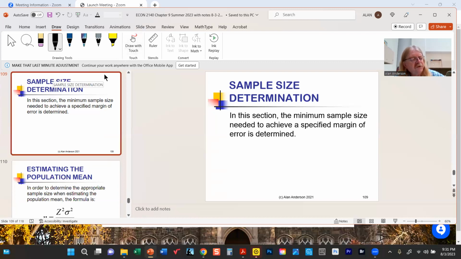Let's say you're a manufacturer and you are testing whether or not the parts you're making are all of sufficient quality. And so you might wonder, how big should my samples be to do this correctly? So that's what this next section is about: picking the sample size that guarantees that your margin of error won't go above a certain level.